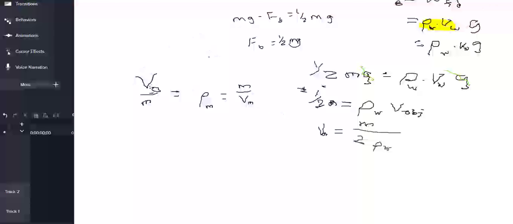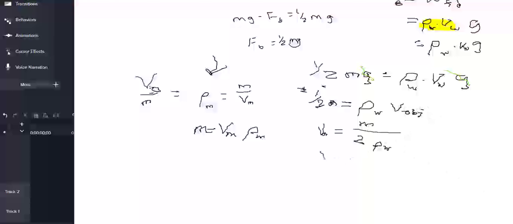Then going back to this part, we know that our mass equals the volume of our material times the density of our material. The volume of our material means just the volume made up of the solid substance, and not the total volume, whereas the volume of the object is the total volume.